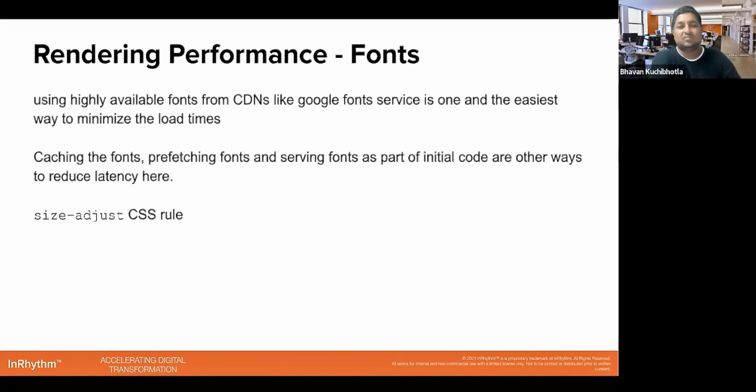The easiest, simplest solution is putting them on a CDN or using something like Google Fonts or any other third party which provides fonts on CDN. That is the easiest and simplest improvement we should be doing in terms of load times. And again, fonts are cached, but you should be caching the fonts, or sometimes even prefetching the fonts.